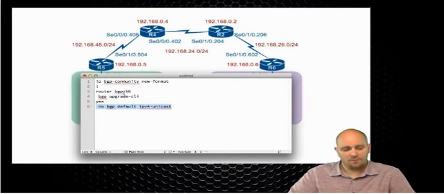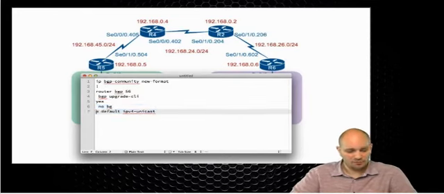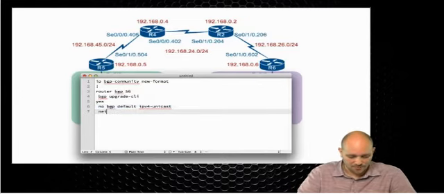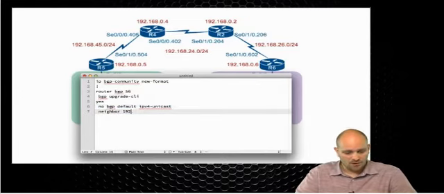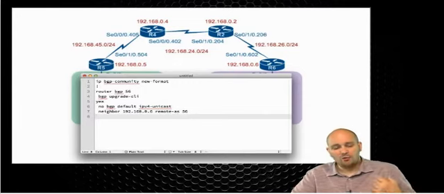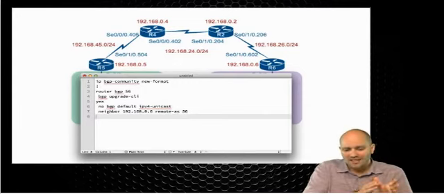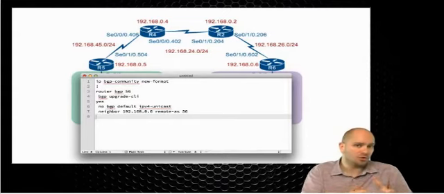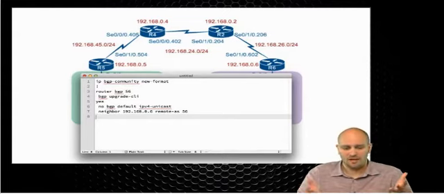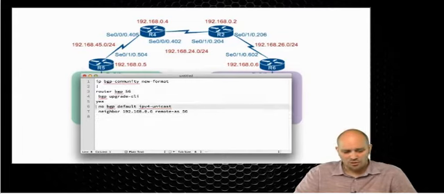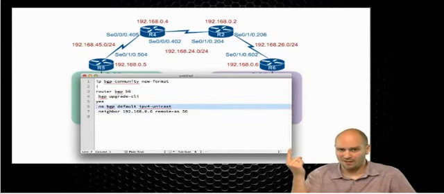Because by default, when I define a neighbor, for example, if I went in here and said neighbor 192.168.0.6 remote-as 56, this neighbor will automatically be activated in the IPv4 address family. Now, because in this scenario I do not need IPv4 peering between R5 and R6, I'm just going to say that automatic IPv4 peering, don't do it. If I need it, I'll define it manually. So this is what this command does.